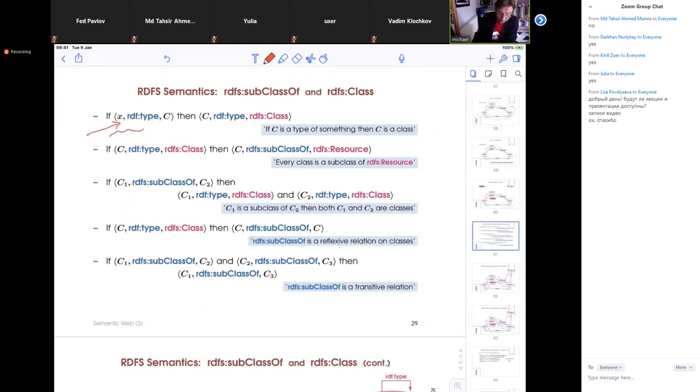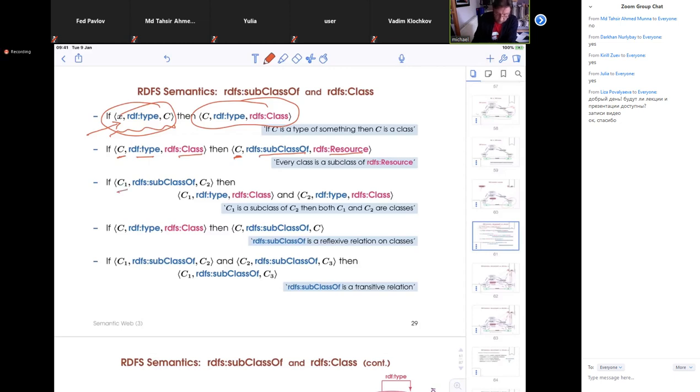So if I have this triple somewhere in the RDF document, then C is a class. Yeah, so if I have this triple, then this triple should be derivable: C is of type class. And similarly, all other examples. Say here, if C is of type class, then C is a subclass of resource. Every class is a subclass of RDF resource.